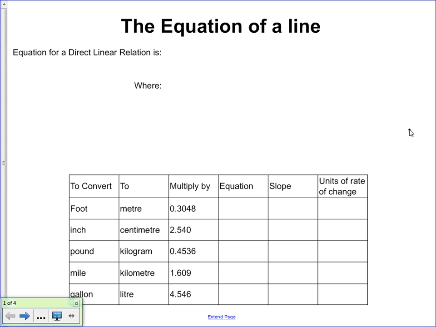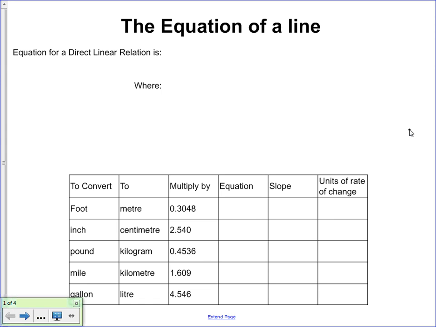If we were to always go by a graph, we're really just estimating our amounts unless it falls on a certain point. So we can express the line of a direct linear relation in terms of an equation. We can use that equation to solve for any point on that line.